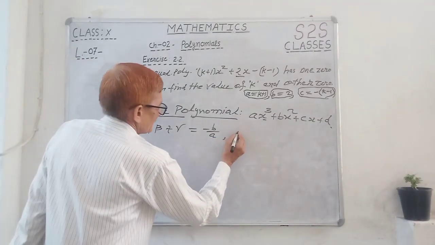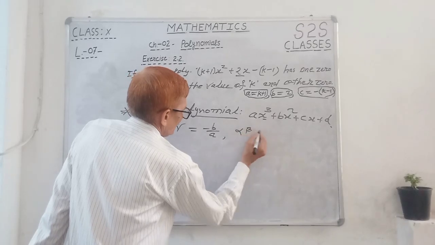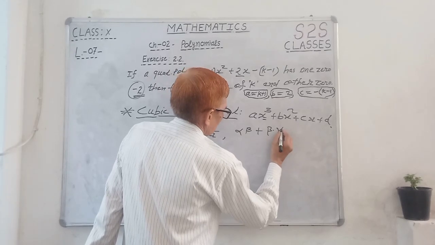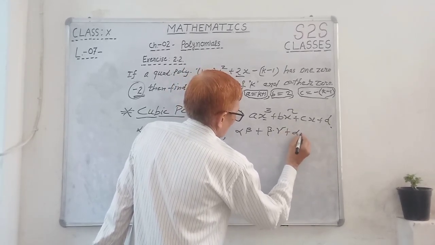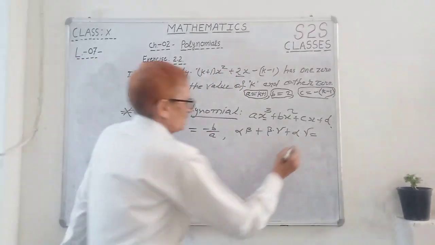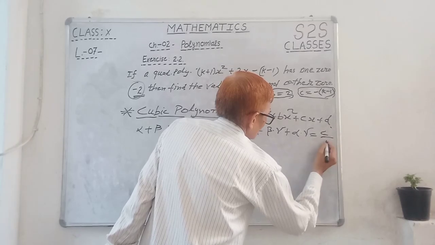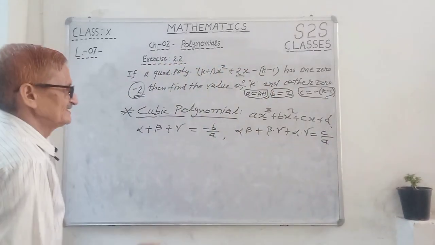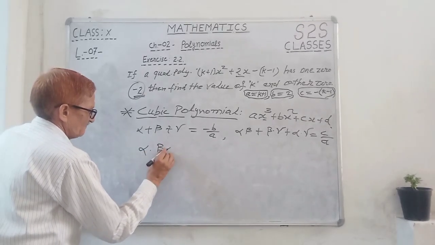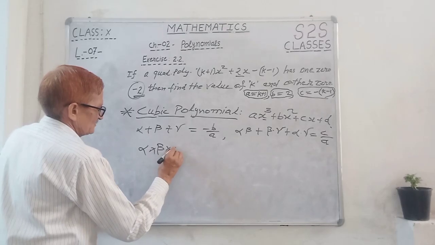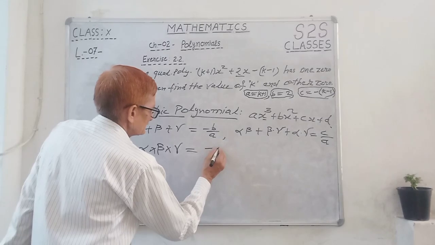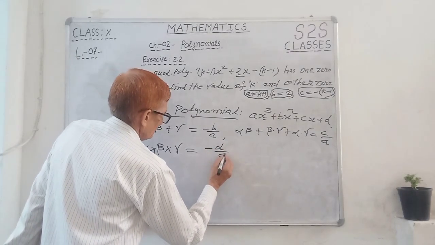And then the sum of products of two zeros: alpha into beta plus beta into gamma plus alpha into gamma is equal to c upon a. And the product of all 3 zeros, alpha into beta into gamma, will be equal to minus d upon a.